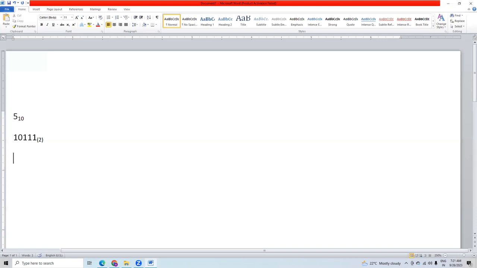And if you are not writing anything in the bracket, by default it is considered a decimal number. Then they'll read it as 10,111. But if you want to say that it's a binary number, you must always write the base or radix as a subscript, 2 in brackets, right? To represent that, we will read it as 10111.